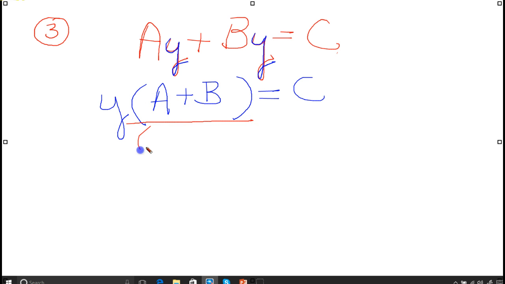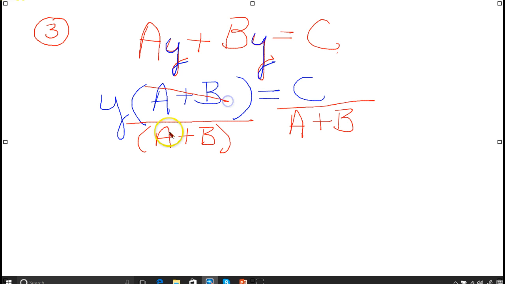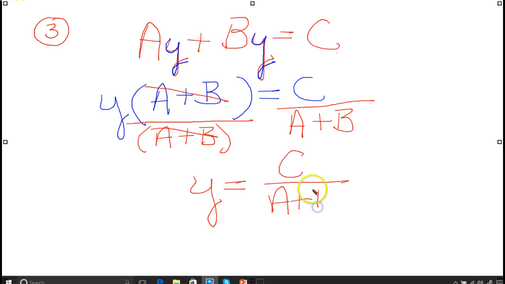I'm going to divide this by A plus B on this side, and A plus B on this side. I didn't need parentheses here, but it's a good idea since we're now going to cancel this with this. Anything divided by itself is 1 except 0. So we then get for an answer y equals C over A plus B.